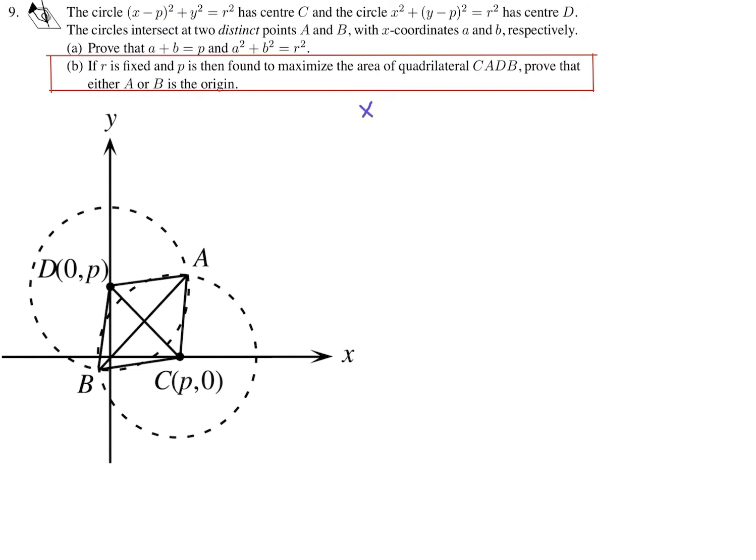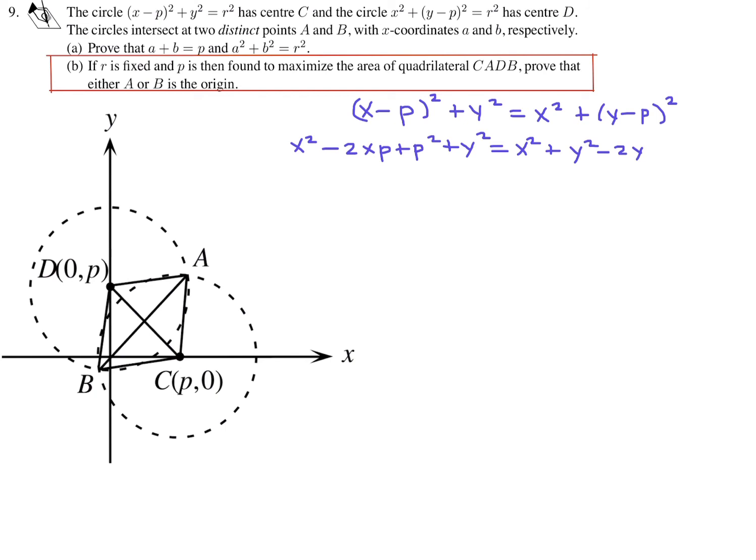Since they both equal r squared, I'm going to let them equal to each other, right? And when I do that, I will get the following. Let's first expand all this out. And if you do, you get x squared minus 2xp plus p squared plus y squared, and x squared plus y squared minus 2yp plus p squared, like that.